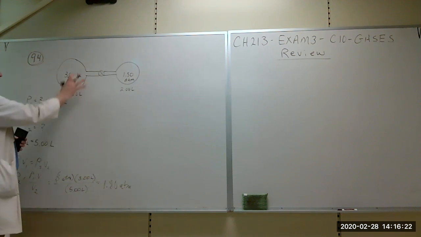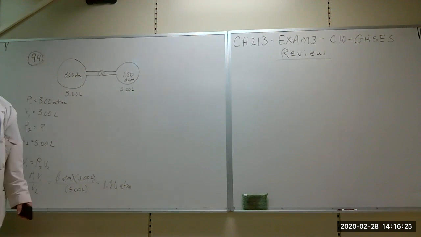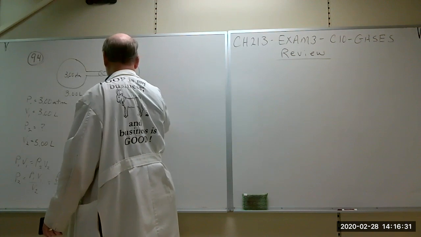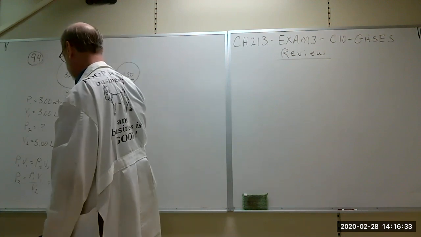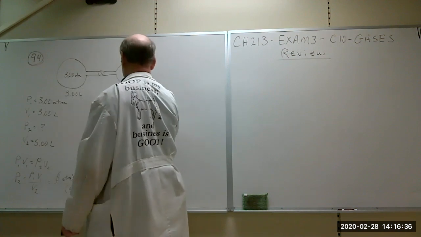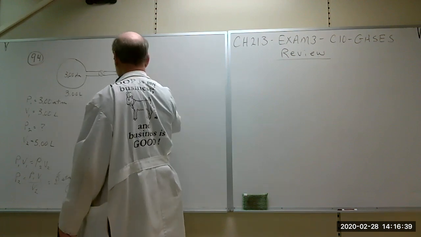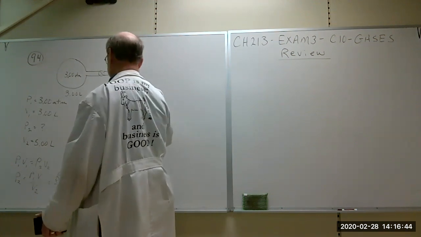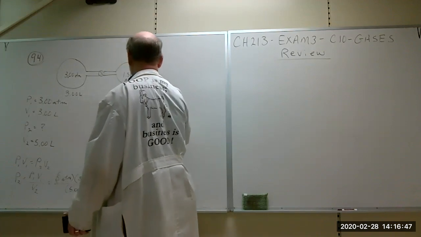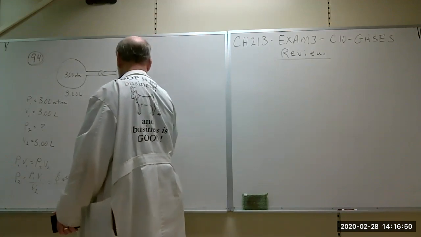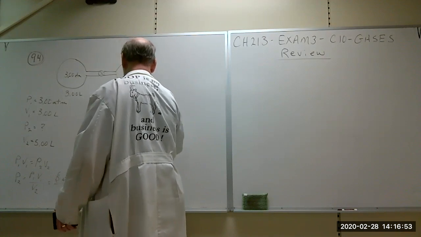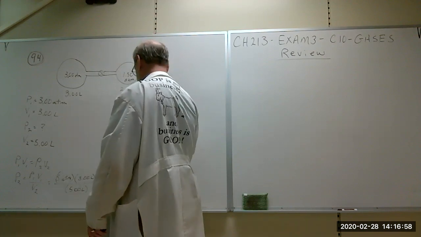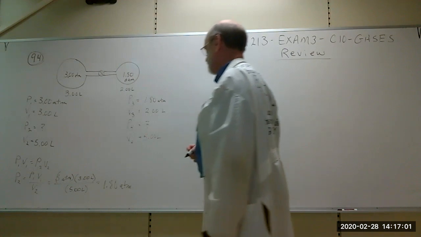Now, let's evacuate this one and turn that one loose and see what it does. Okay, so this one is, let's use P3 and P4. So initially, we have a pressure of 1.8 atmospheres and an initial volume of 2 liters, and final pressure unknown and a final volume of 5 liters again. Okay.